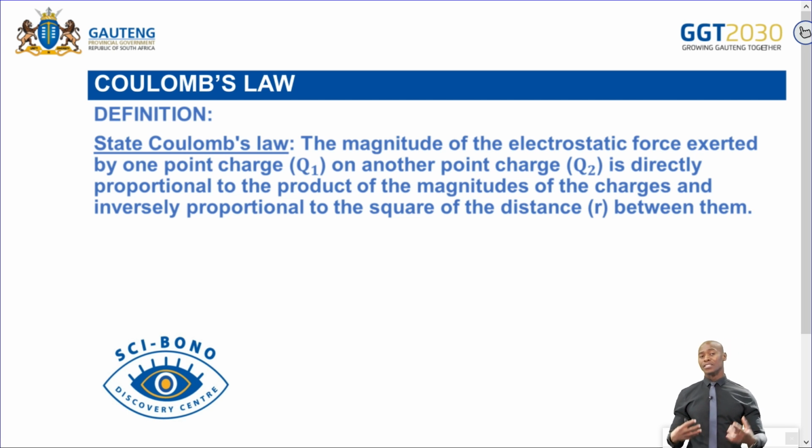I know you did Newton's law of universal gravitation. It's almost the same, but it actually is not the same. When it comes to Newton's law of universal gravitation, you talk about masses, right? But here, when it comes to Coulomb's law, we talk about what? About the charges. So remember, this is electrostatics, which is the study of stationary charges, all right?